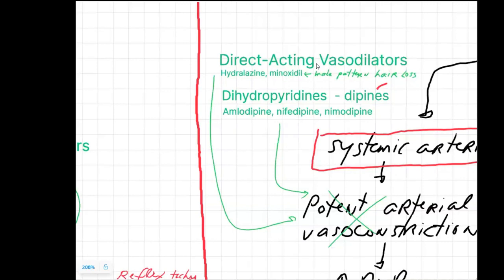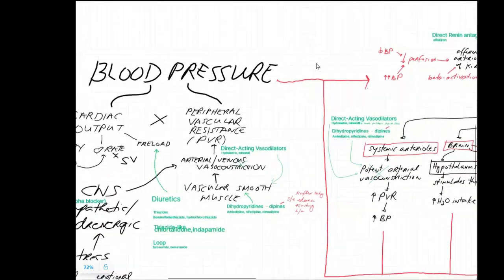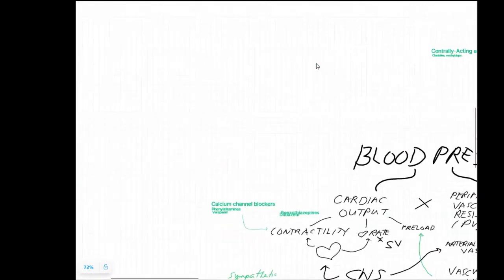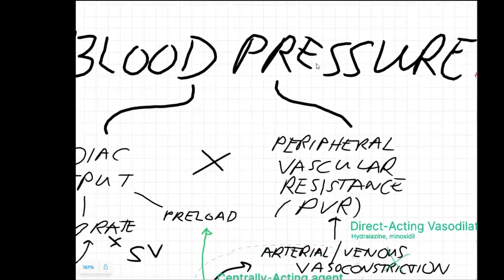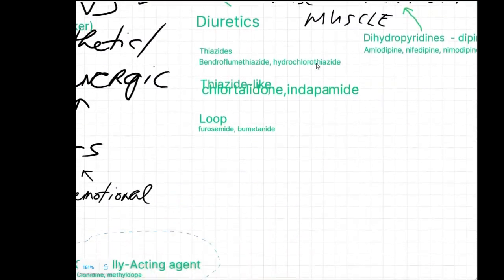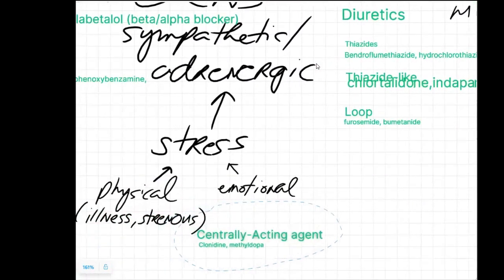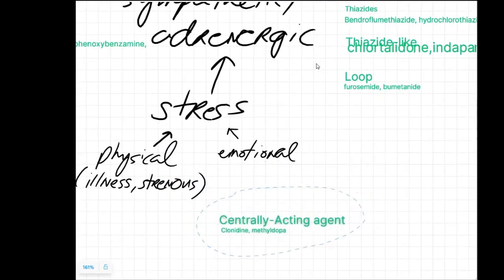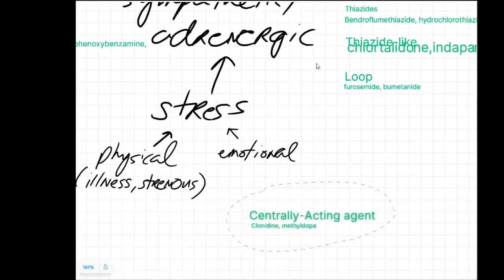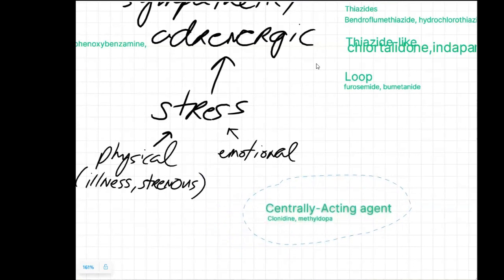Now the other one is clonidine, which is also used for emergency control of blood pressure. So this is a centrally acting alpha-2 agonist. And this is a medication that works systemically.